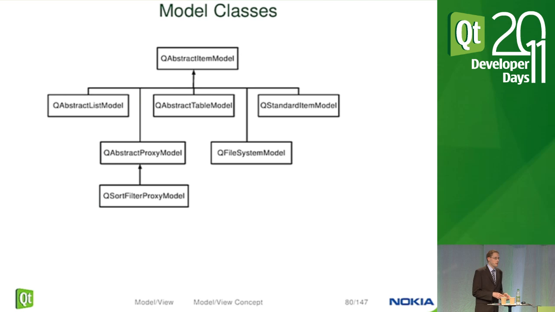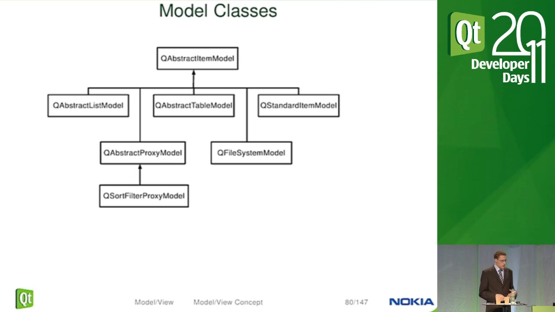A proxy model is a model that takes another model as input or as data and implements some kind of transformation on top of it. A very, very powerful tool to isolate various concerns of your data processing. We have QAbstractProxyModel, which is the generic version, and one implementation that you can actually use out of the box, QSortFilterProxyModel, which implements sorting and filtering, or any combination thereof.